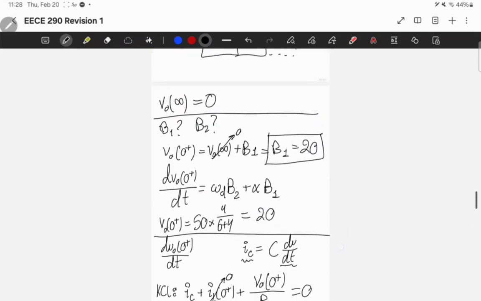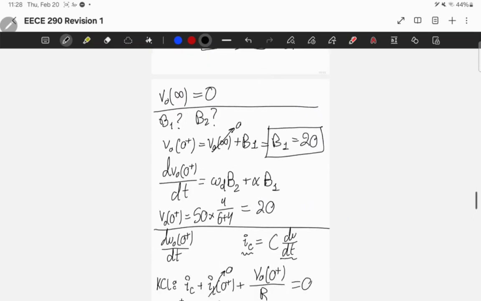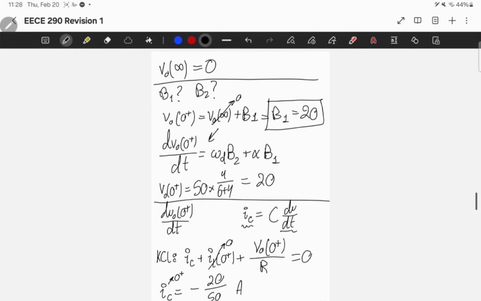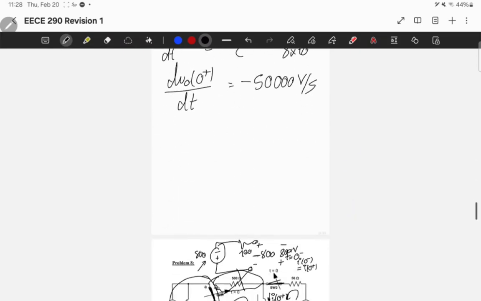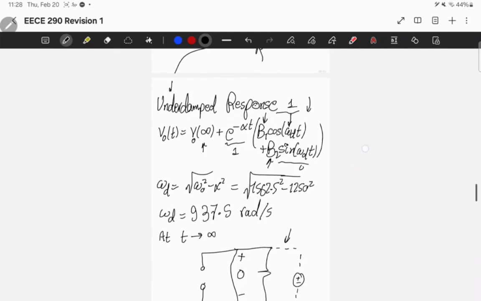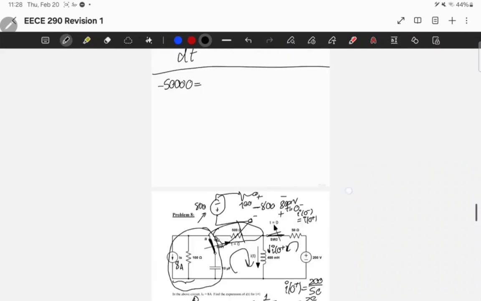Okay, I got dv0 at 0 plus by dt at time equals 0 plus, and I can substitute it in here. I know omega d, I know alpha, I got b1 just now, so I can get b2. So in here, minus 50,000 is equal to omega d b2. Omega d is 937.5.